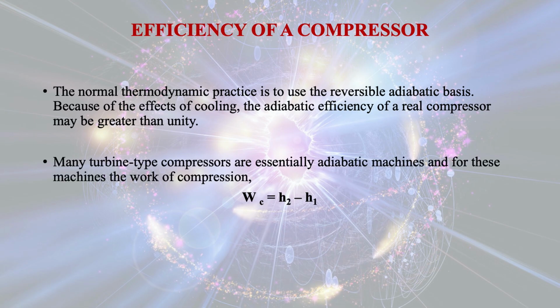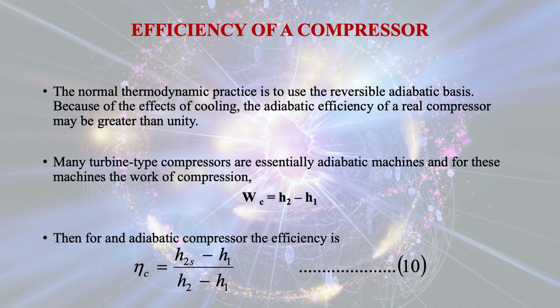Many turbine type compressors are essentially adiabatic machines, and for these machines the work of compression Wc is equal to H2 minus H1, where H1 is the enthalpy at state 1 and H2 is the enthalpy of the gas at state 2.